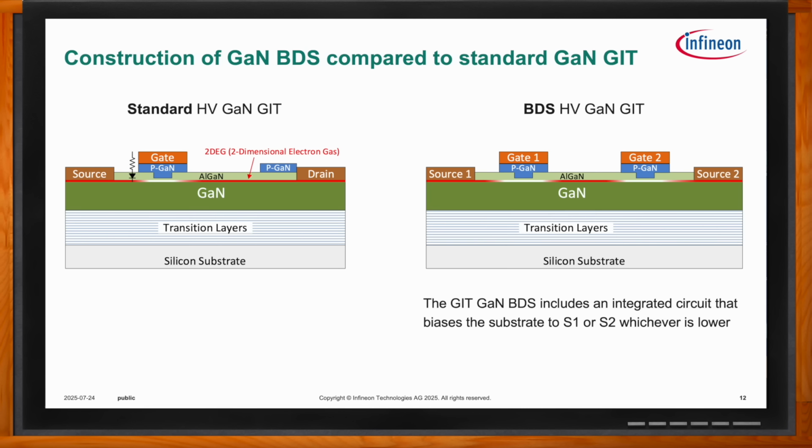With the GIT, because of the P-GaN and the hole injection that these offer, that mitigates this dynamic RDS on issue. It's included in the datasheet, like 2%. We don't even mention it as a separate line item. It's included in the standard RDS on spec of the device.